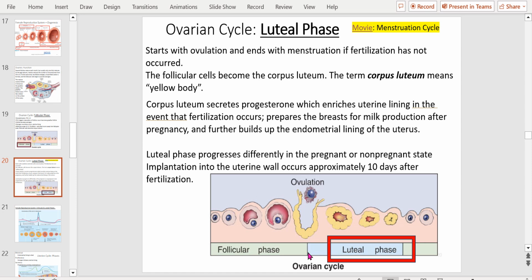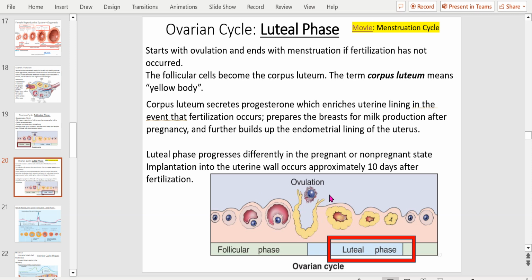So the luteal phase starts with ovulation and then ends with menstruation if fertilization has not occurred. The follicular cells become the corpus luteum, which means yellow body. The corpus luteum secretes progesterone, which enriches the uterine lining.